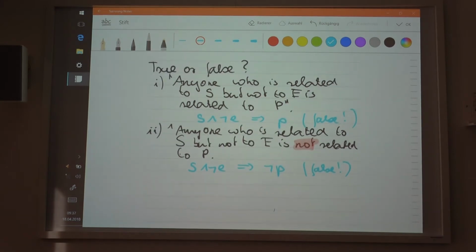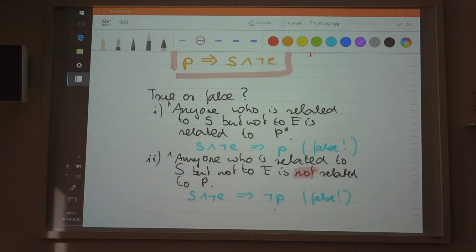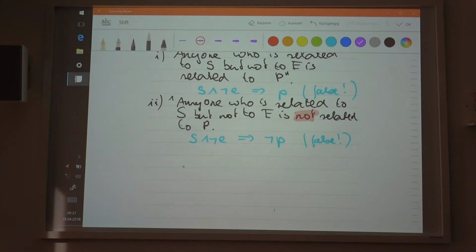Let me give you the reason for that. So this is the given statement here, and this is equivalent to what? According to the first lemma that we introduced, this is equivalent to the following: if this statement is not true, then this statement cannot be true either.